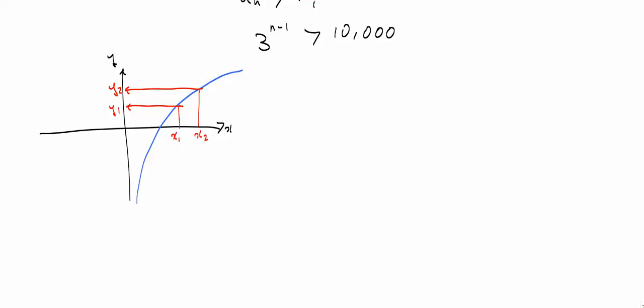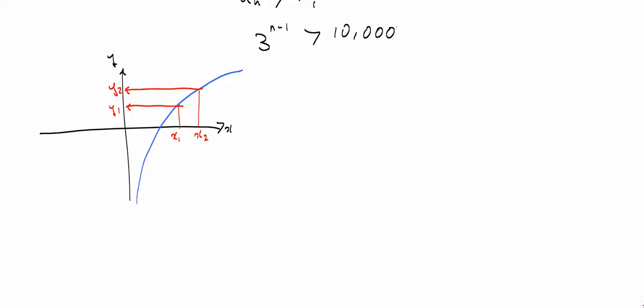It always goes up as we increase x, which means we can say that the logarithm of 3 to the power of n minus 1 is greater than the logarithm of 10,000.